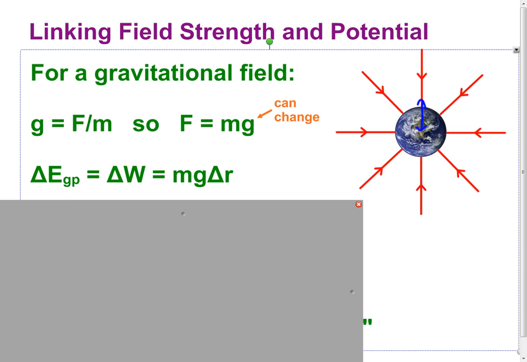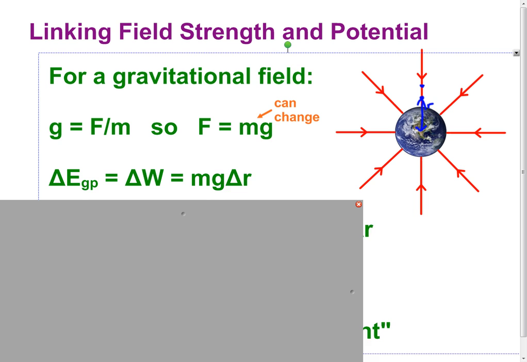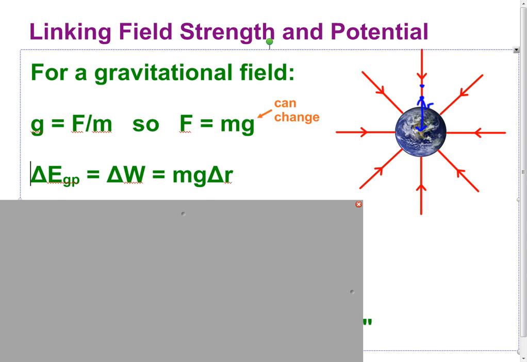So for a given point, we're going to use r, the radius, to be our measure of distance. So if we change the radius, if we move the object from there to there, there will be a change in gravitational potential energy. So, what is the formula for that?